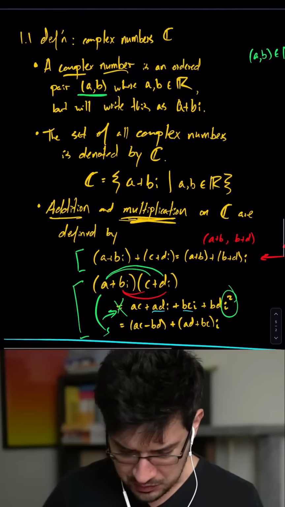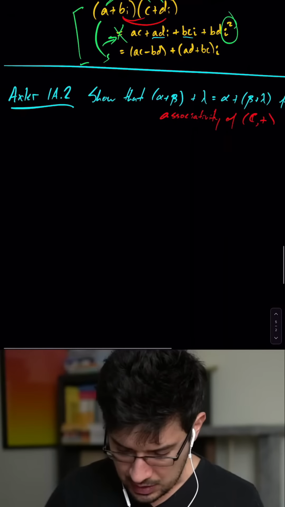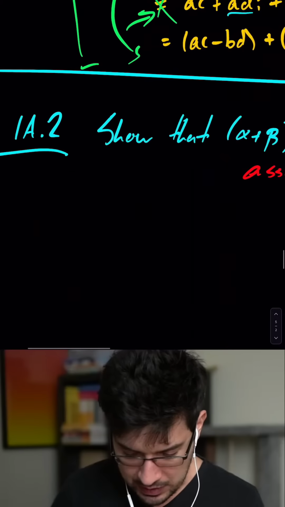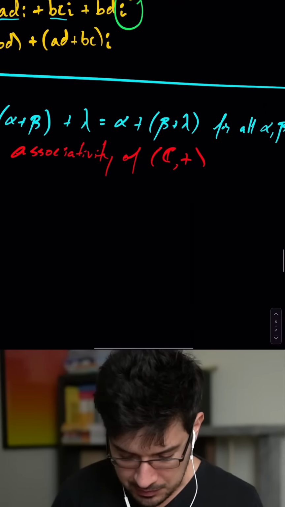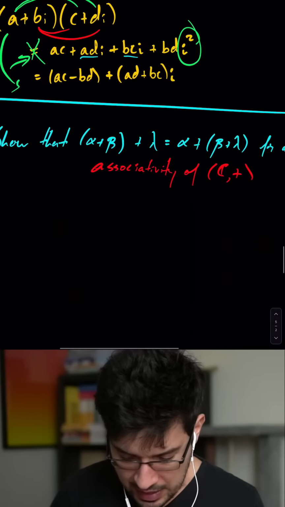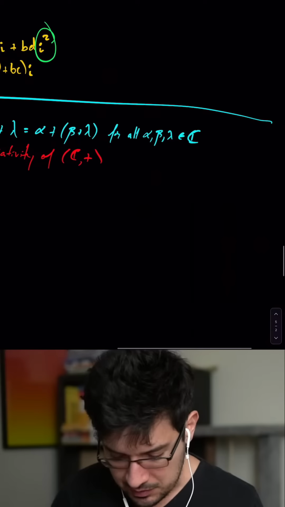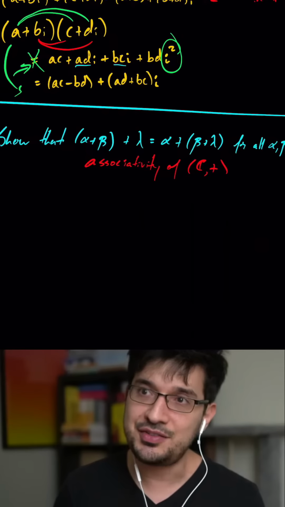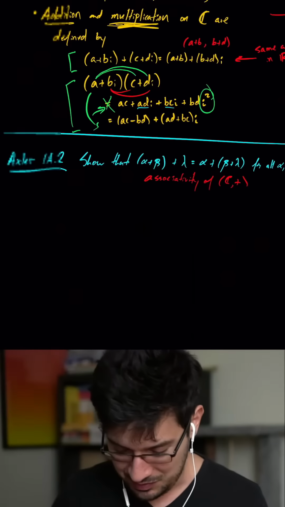That was a while ago, so oh well. Just want to make sure everybody has this. If you want a practice problem, the next problem is show that alpha plus beta plus lambda, blah, blah, blah. We're going to show associativity of addition in the complex numbers.